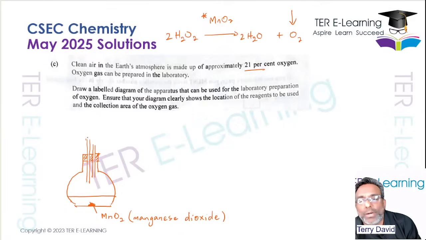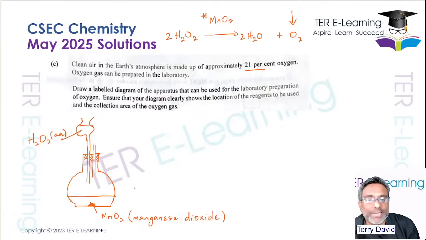On this one here, you can use a thistle funnel. So you're going to put your hydrogen peroxide here. This is your H2O2 that you're pouring inside this container. And then you can actually collect this gas above water if we need to. Like I said, there is more than one way we can collect this gas.